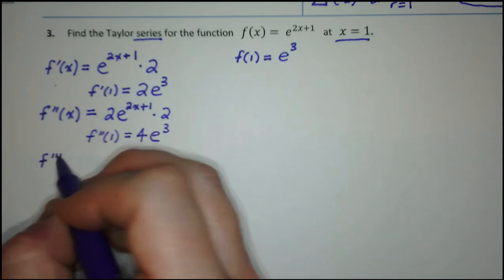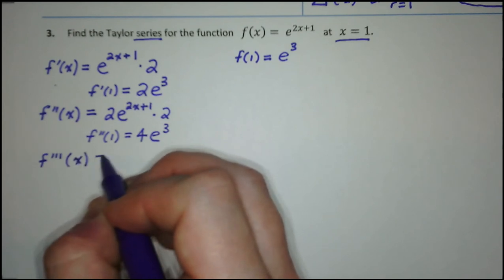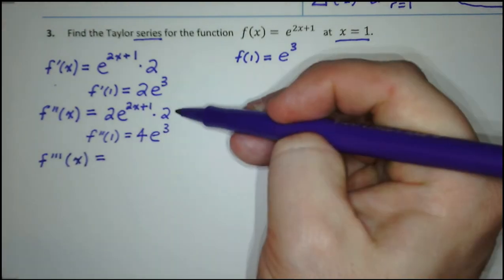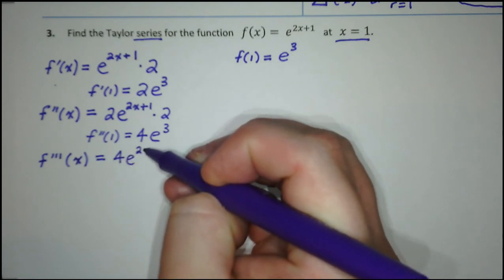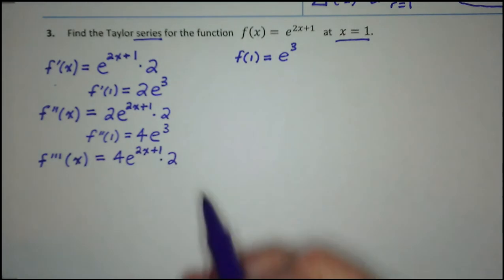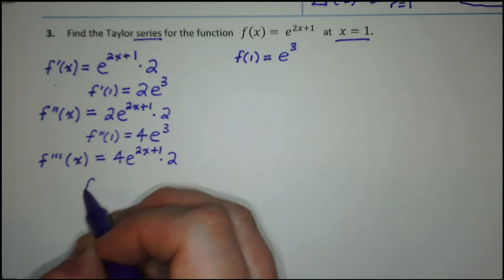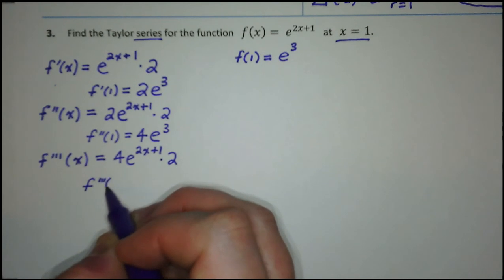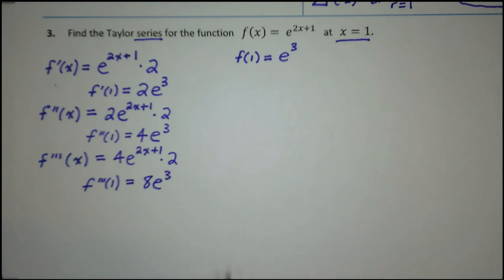Let's do maybe one more at least. For the third derivative, if we take the derivative of this, it's going to be 4 e to the 2x plus 1, but tacking on another chain rule, and so we get 8 e to the 2x plus 1. And then when we actually plug in 1, we're going to get 8 e to the 3rd power, right?